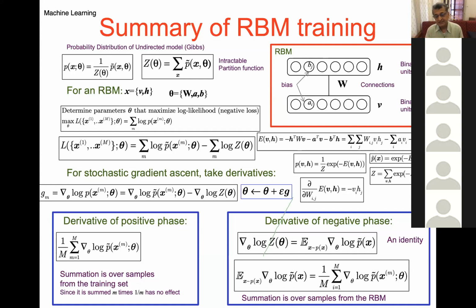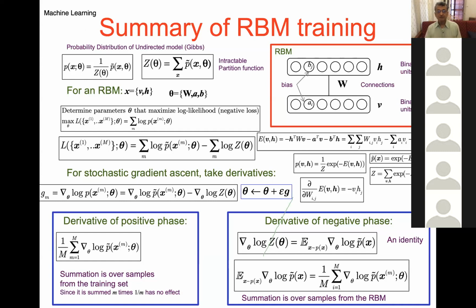We have shown that the derivative that you compute to modify your parameters has two parts, one coming from the model and one coming from the data. And we have mathematically shown where all this comes from.